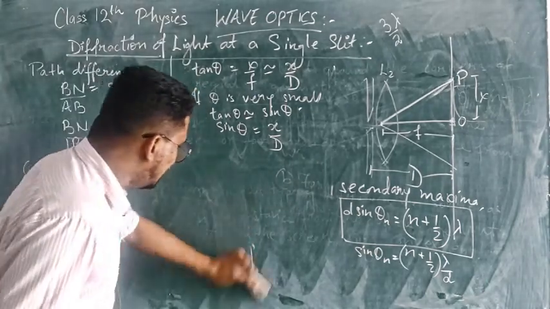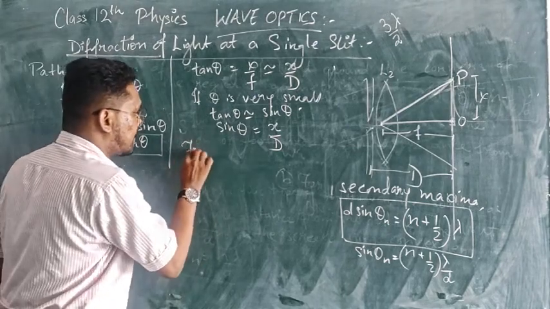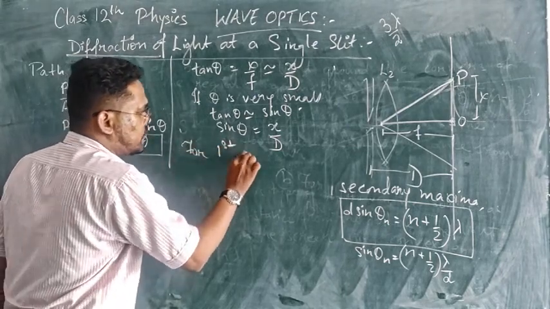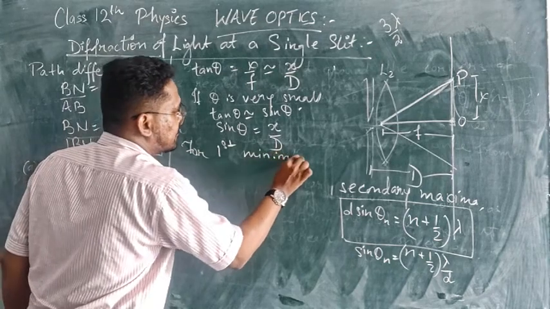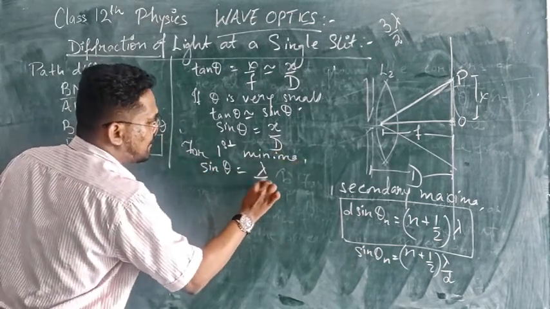So for minima we had d sin theta equal to n lambda. So for first minima, sin theta equals lambda by small d.